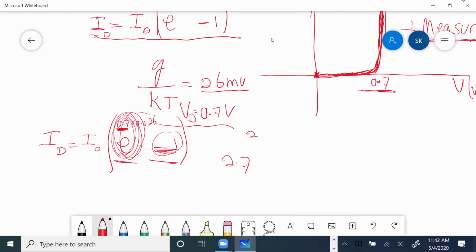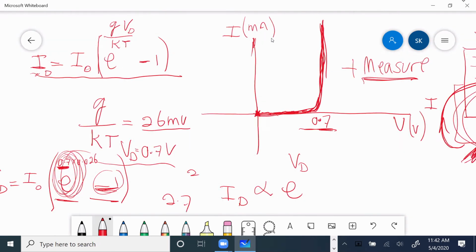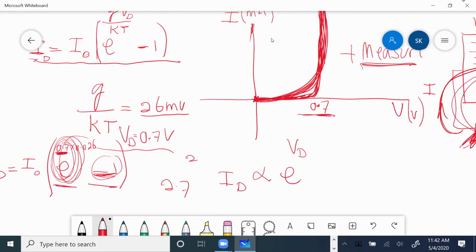So we can say that ID is proportional to the exponential of VD, and that is an exponential increase. That is my point. So what we measure meets what the mathematicians told us. What they told us was right, and what we understand is also right.